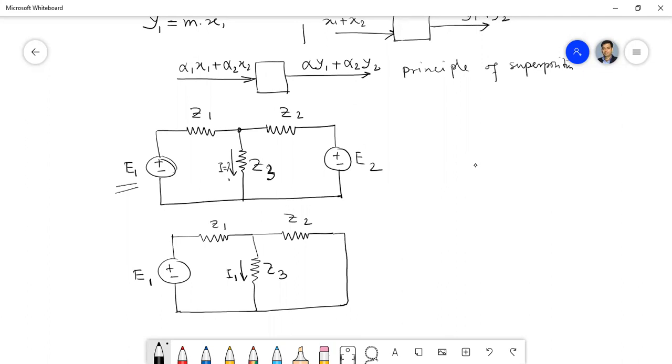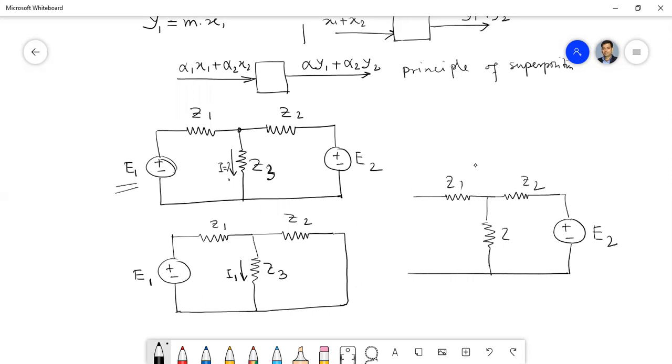So this is one circuit. In another circuit, you will consider the E2 source, with Z2, Z1 and Z3.